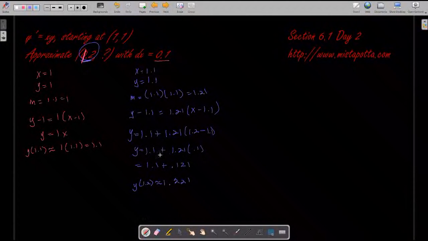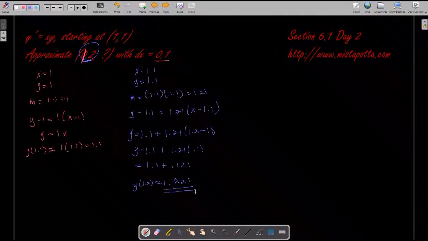And again, notice that this Euler's method, even though it's giving us an approximation to the solution of a differential equation, this certainly is much more precise an approximation than I could ever achieve with a slope field. Remember, a slope field is going to give me a graphical approximation.